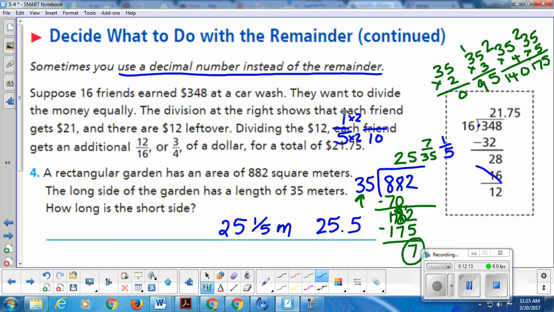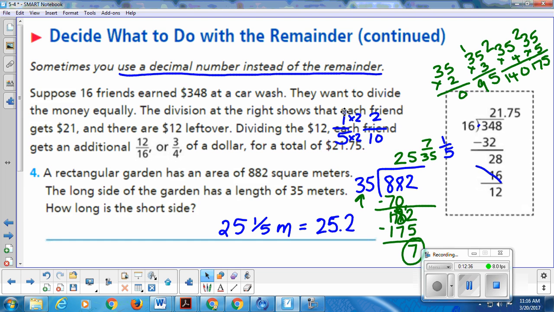Times 2. Hey, yeah, that's fractions. 2/10. So it's 25 and 2/10. This is equal. Are you seeing that? Did you see what I just did? 25 and 1/5 equals 25 and 2/10.